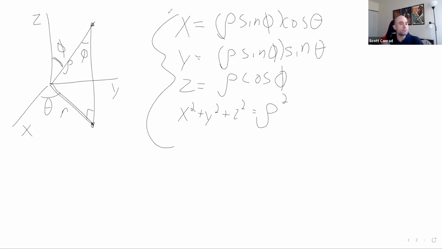But also remember, rho is just the distance to the origin. So if you have a point x, y, z, x squared plus y squared plus z squared is going to be the square of the distance to the origin, which is rho squared. So you need to have those memorized. And this is also helpful because this comes up sometimes.